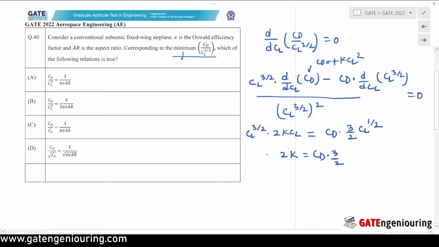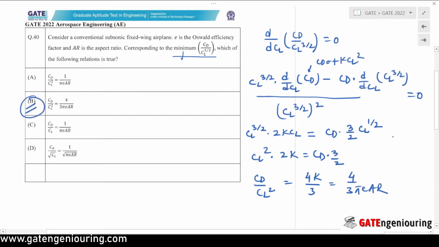That is CL square. So I can rewrite this as CD upon CL square is equal to 4K upon 3, and K is 1 upon pi e AR. So it is 4 by 3 pi e AR. If we look at the options, this is the correct answer.